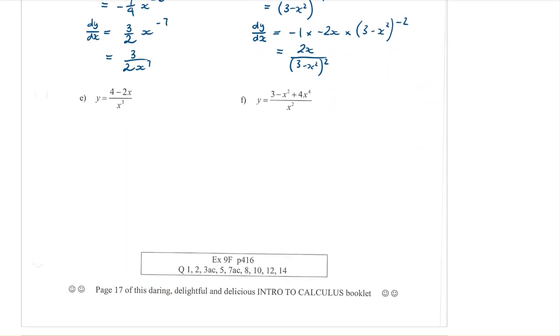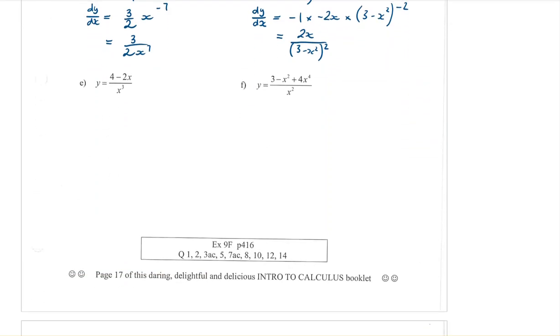Part E. There's only one x term on the bottom, but because there's 2 terms on the top, what I want to do is split the fraction apart. I want to do 4 divided by x cubed minus the 2x, also divided by the x cubed. That means I can simplify each term.